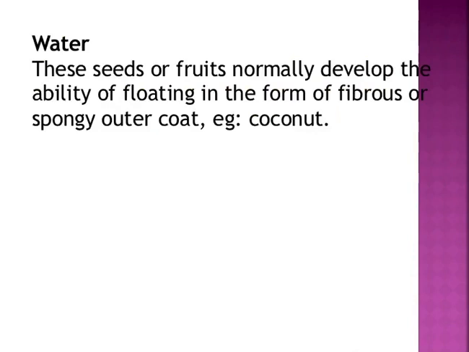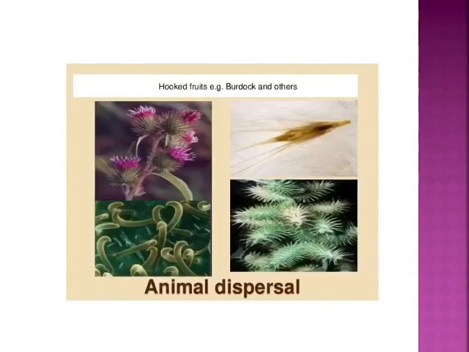Coconut is grown on the seashore, and the fruit is large and fibrous. Being fibrous and spongy, after falling in water, the fruit floats, and the water currents carry the fruit away from the parent plant. This is how the dispersal of fruit and seeds takes place with the help of water.